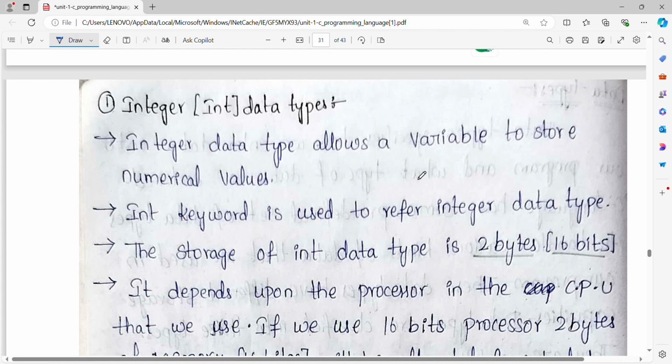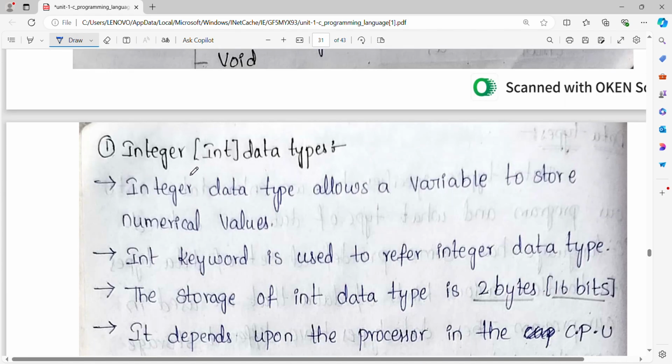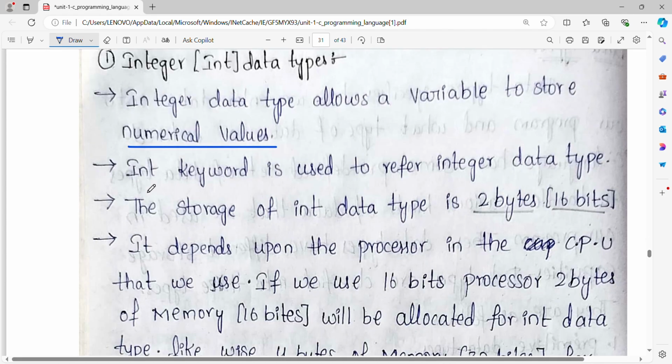See here, integer data type. The integer data type allows the variable to store numerical values. Already told you, numerical values are nothing but round values. Int is a keyword here. Int is always written with small characters, not capital letters. What is the storage? 2 bytes, if it is a 32-bit machine.